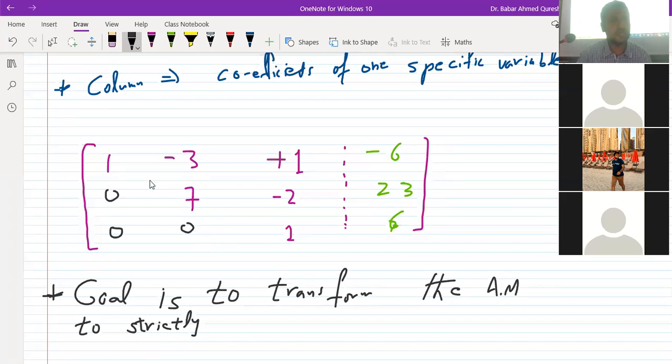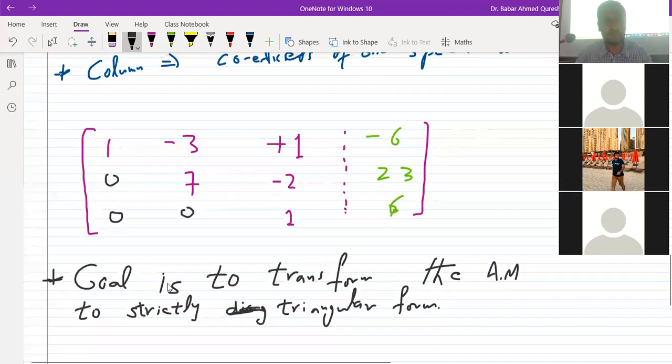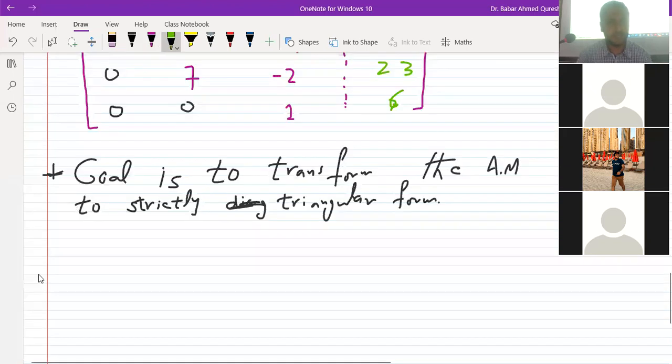There's nothing below the diagonal, and the diagonal is non-zero. Because if you do that, then you will have the solution by back substitution. And how are you going to do it? Using some allowed operations. So what are the allowed operations?